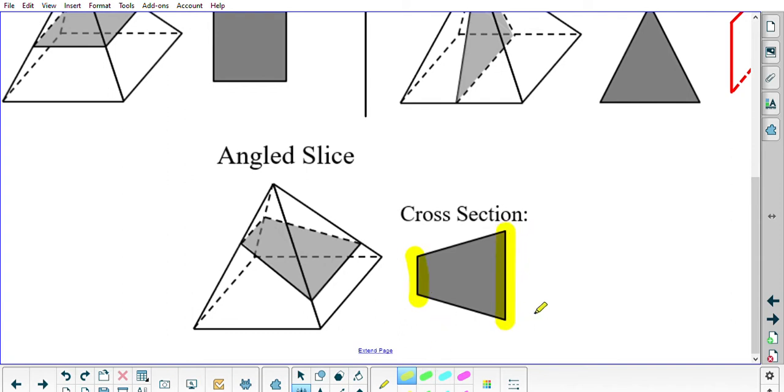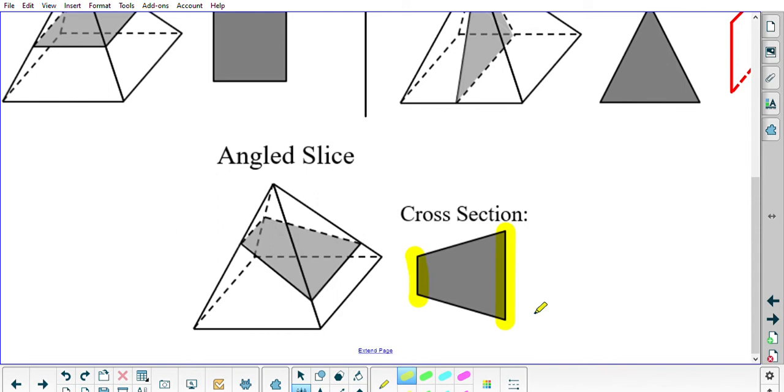And so that's no longer going to be a square. Instead, it's going to actually be a trapezoid. So angled slices kind of take the shape of the base, but kind of stretch it, and that can definitely change it from what the shape of the base would be. So it's still four sides, like the base was, but it's no longer a square.